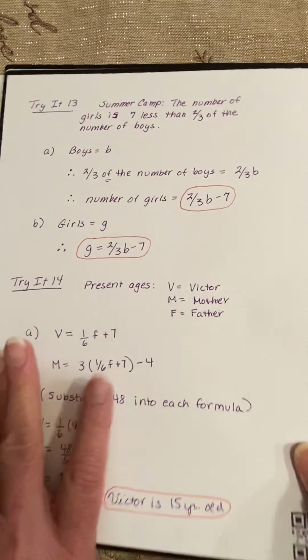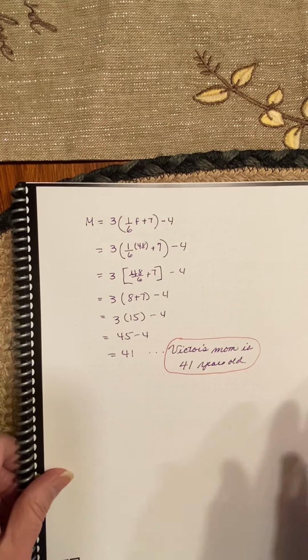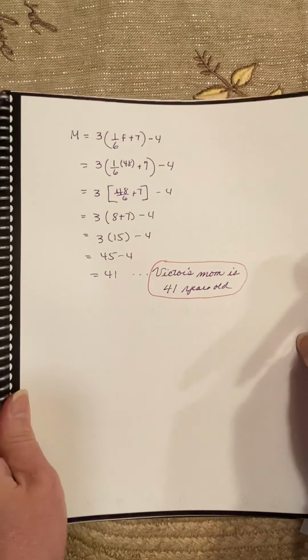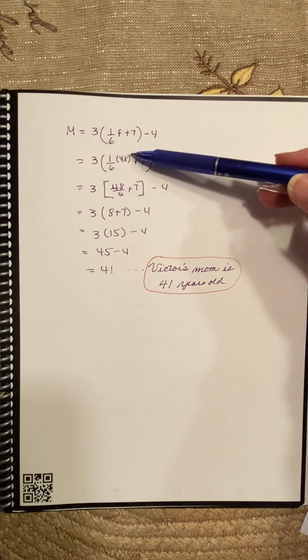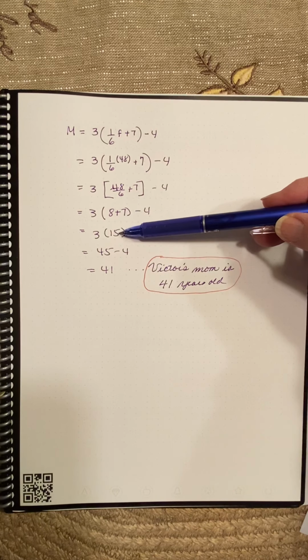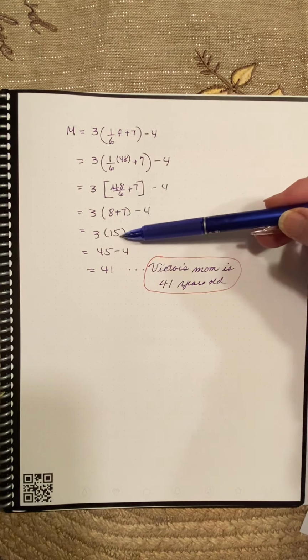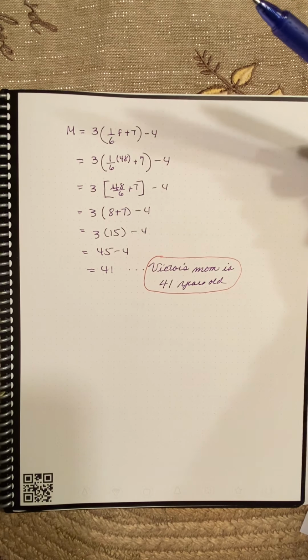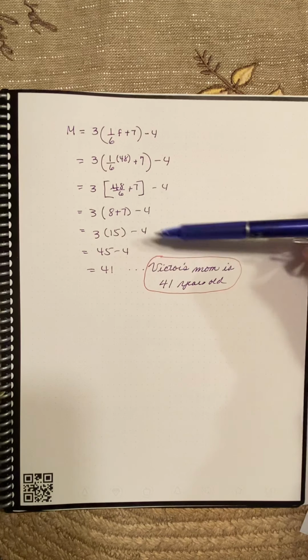So now I do the same thing for his mother, a little different. I substitute 48 into F's position. I do what's on the inside. So I do the exact same thing that I did solving for Victor's age right here and get down to 15. Now at this point, and this is what I wanted to say, if I already know that this part right here is 15, because I already did it in the first part of this problem, I could go right to here and set it up: 3 times 15 minus 4.